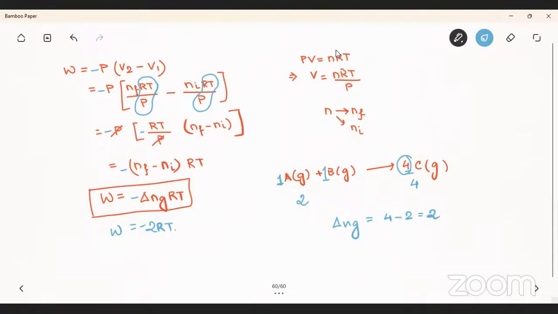After integration, you will get a negative sign there. So is the whole concept clear to everyone? I guess now it is clear.